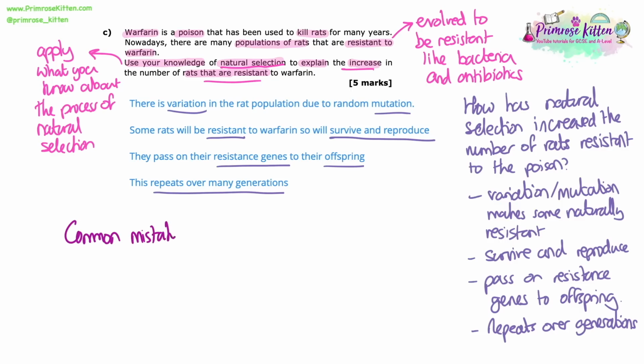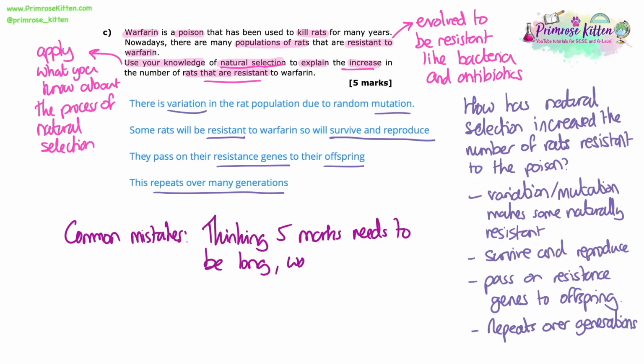The common mistake that people make when seeing these 5 markers, especially when they describe or explain a process, is that you might think you need to write loads and say a lot to get 5 marks. But a lot of biology is just about the keywords and making sure that you've got a process summarised nicely with the keywords, and the level of detail that you need is quite low as long as your keywords are correct and it's in the right order.